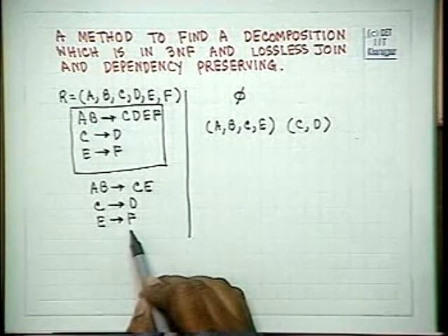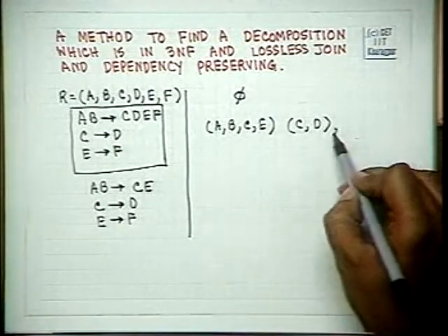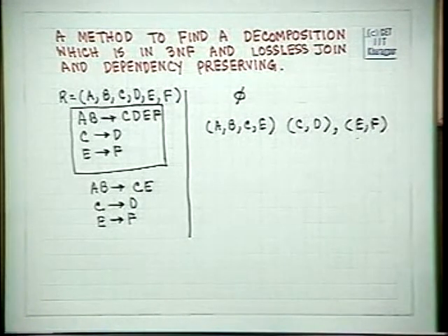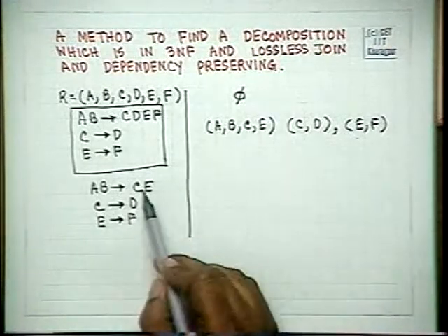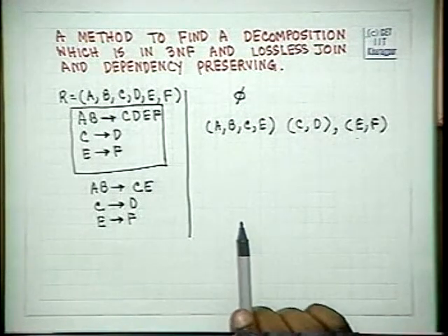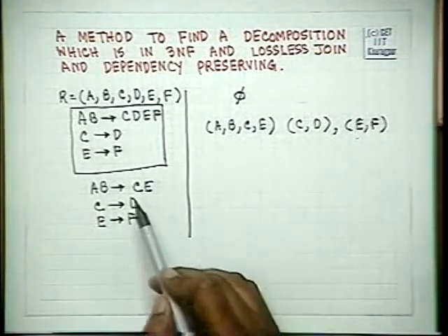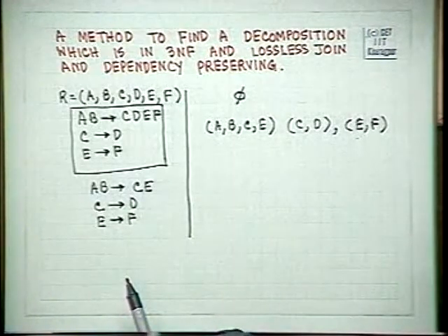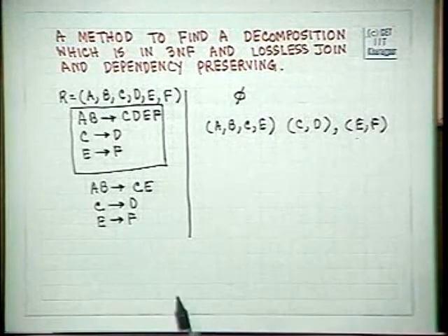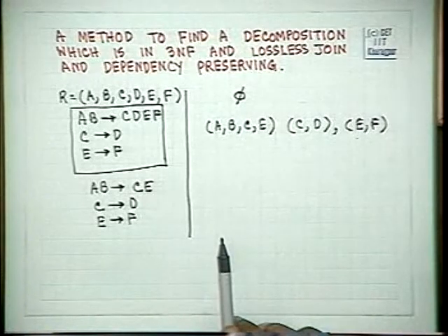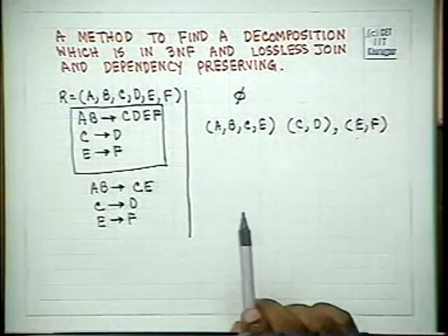We pick this one up, this is not present here, add it. You add a relation corresponding to each of the functional dependencies, but that does not finish everything. In this particular case we have got a decomposition which is a lossless join decomposition, but in general you are not going to get it.